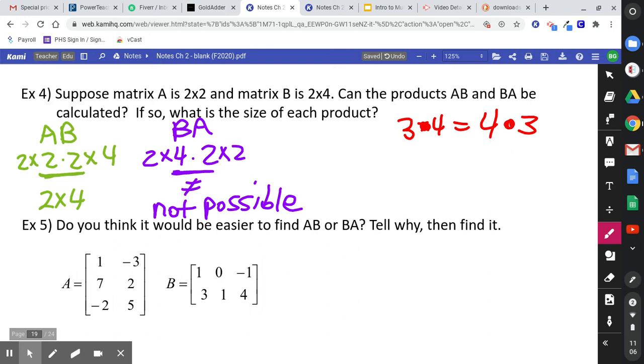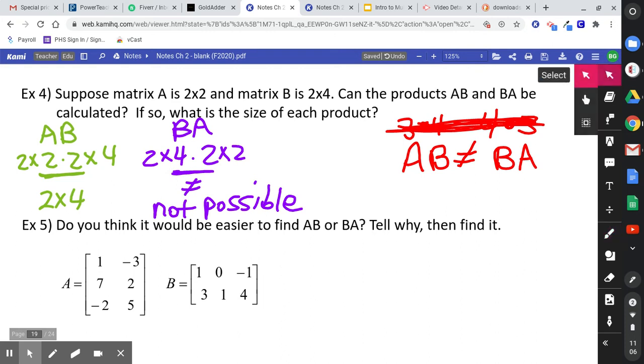Always, always, always, that 3 times 4 is the same thing as 4 times 3, okay? That kind of goes out the window when we're talking about matrices. We cannot say that A times B is equal to B times A. That property does not hold true for matrices, and you can see it in that example right there.